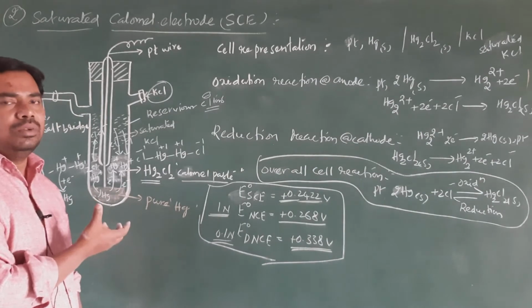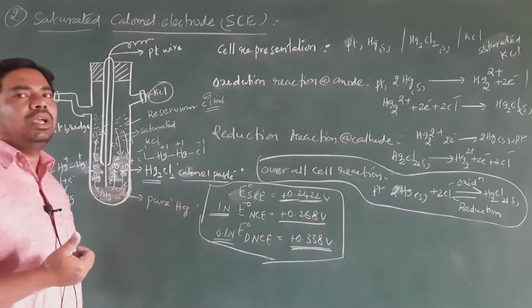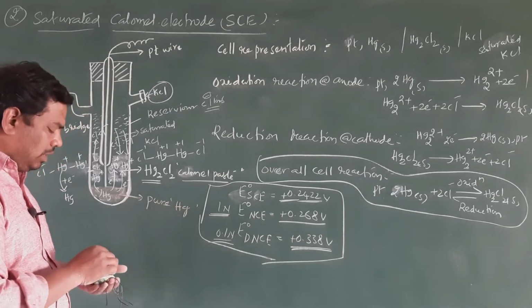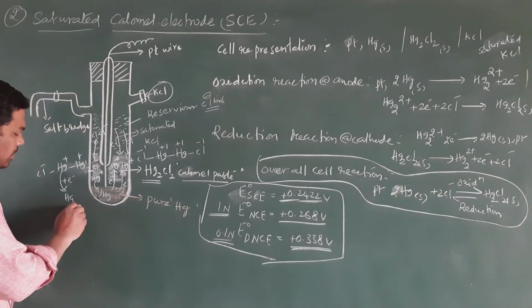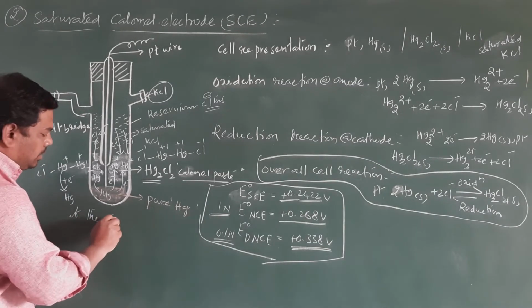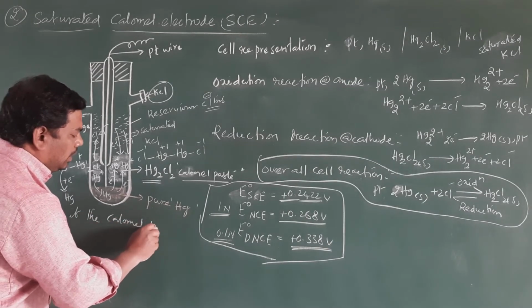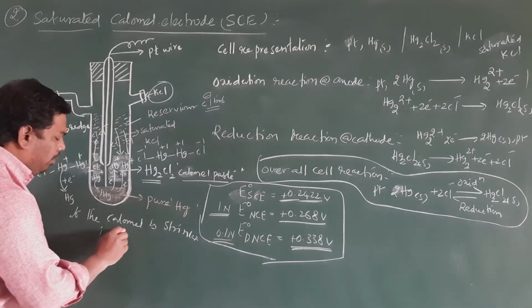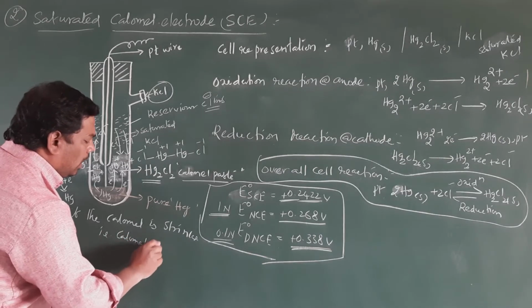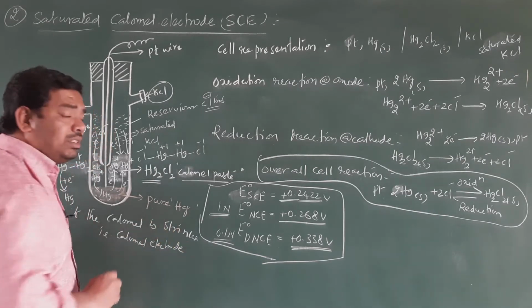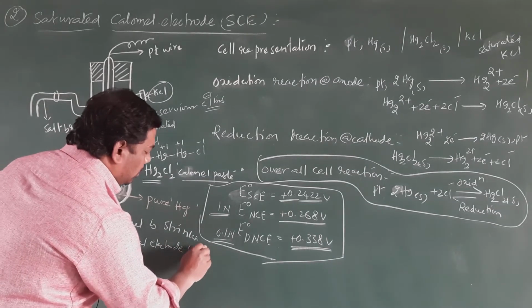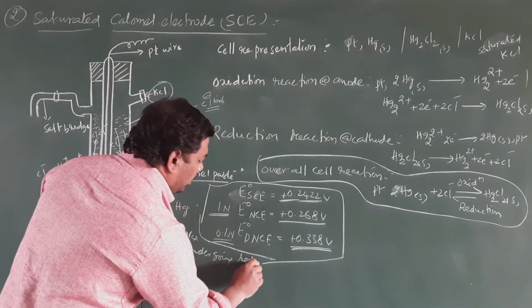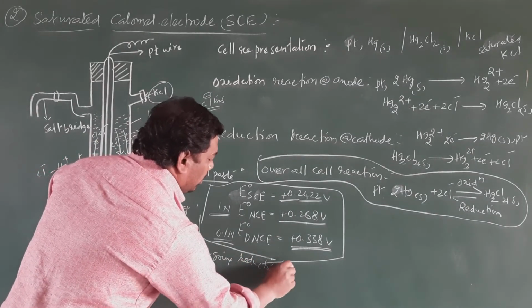To observe whether the oxidation reaction or reduction reaction takes place, please remember, here you can see, if the calomel paste is shrinking, that means the calomel electrode is undergoing the reduction process.